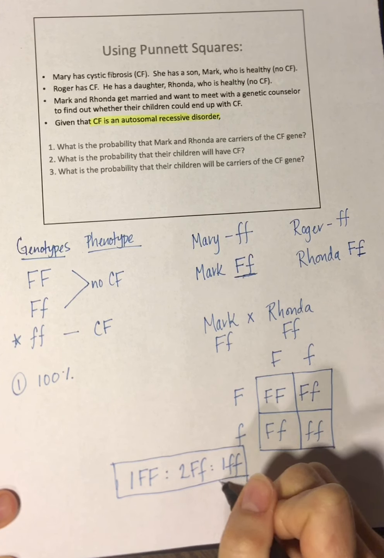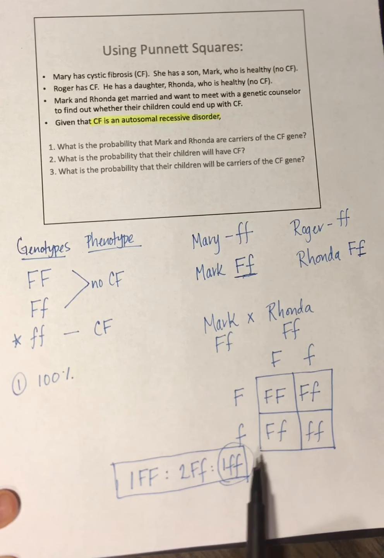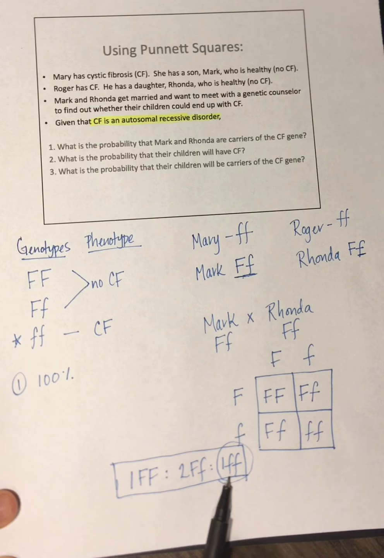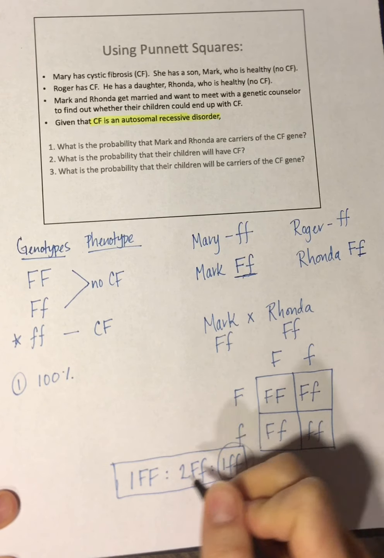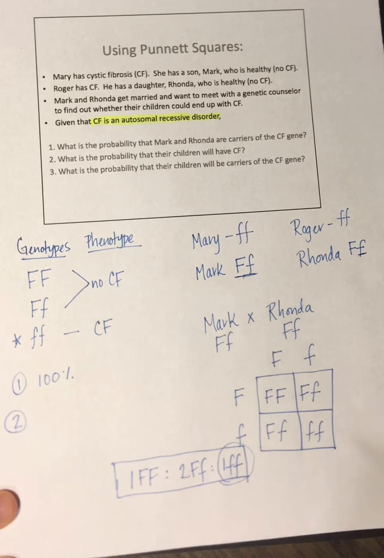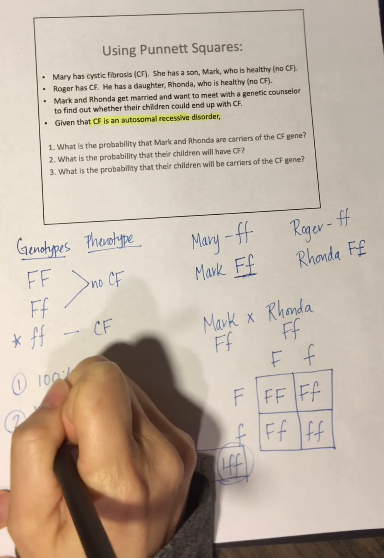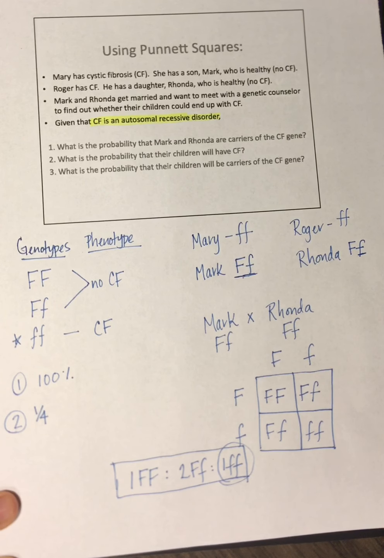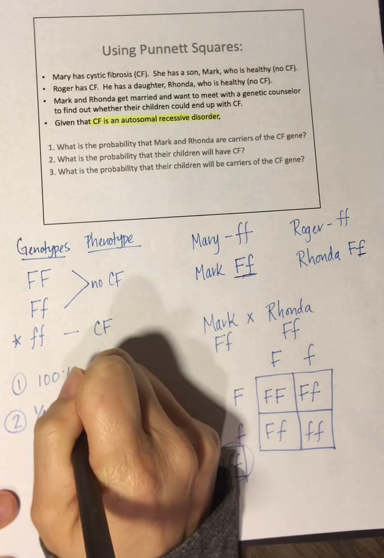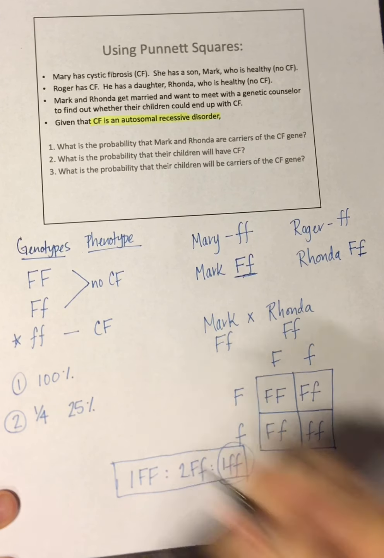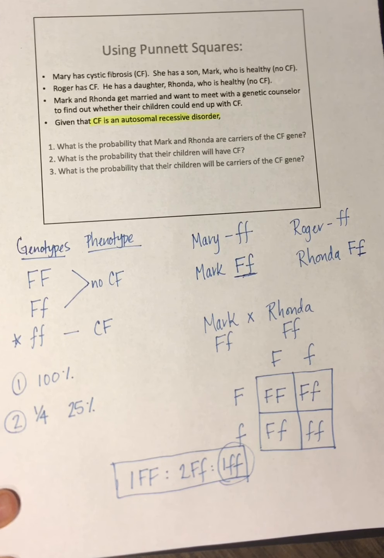So only this individual here will have cystic fibrosis, 1 out of the 4 possibilities. So the answer for number 2 is that there is a 1 in 4 chance of Mark and Rhonda having a child with cystic fibrosis. Now, if you're more comfortable with percentages, that's fine. It means the same thing. The answer then would be 25%.